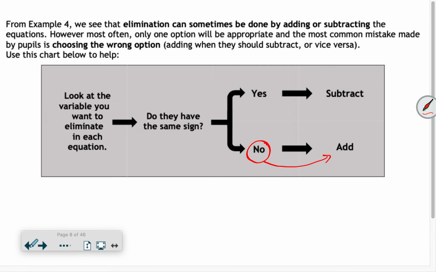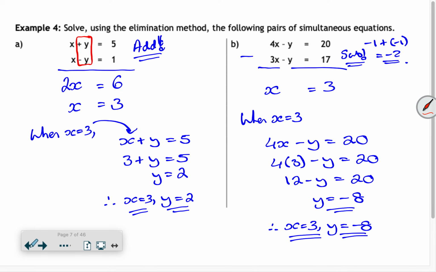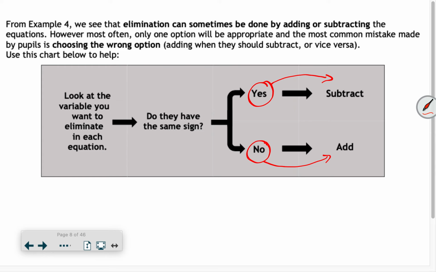The second example, wrong way. The second example had a minus y and a minus y together. That is the same sign. It would also work if it was a plus y and a plus y. This is a minus y and a minus y. So if it's the same sign, in order to eliminate those variables, we're going to subtract.